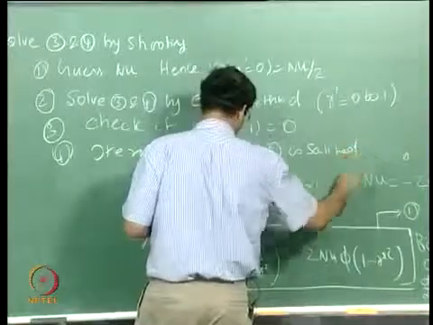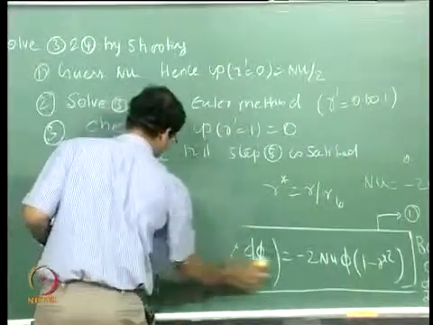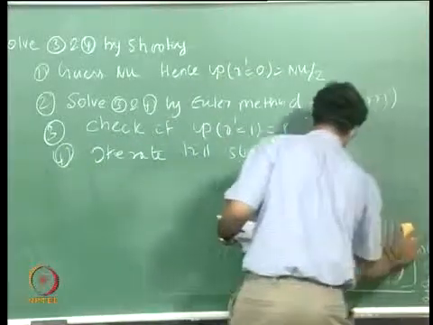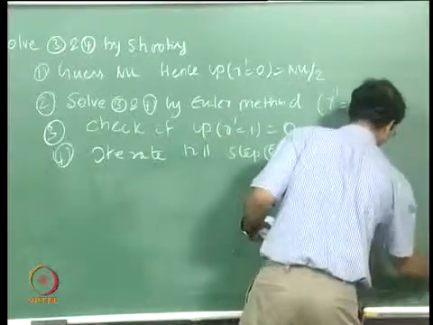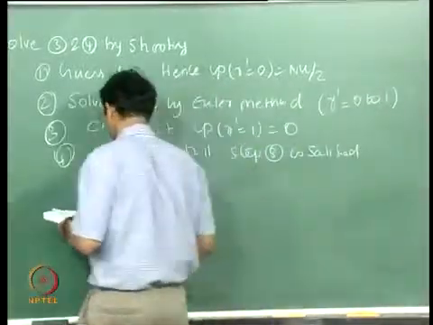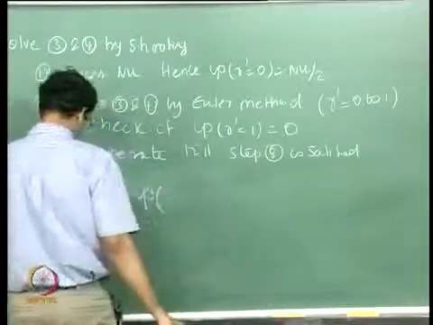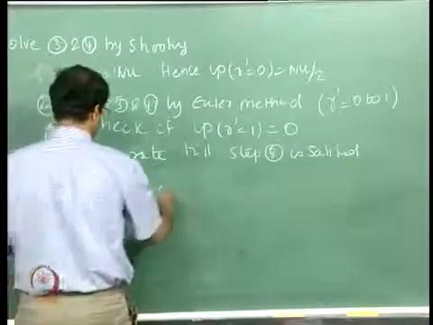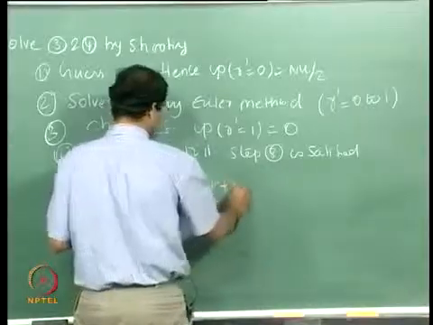Now again for iteration we make use of an intelligent guess using the Newton-Raphson method. So here the Newton-Raphson algorithm will be for psi. You need to basically guess the value of psi at r prime equal to 0. So psi at r prime equal to 0 at k plus 2.